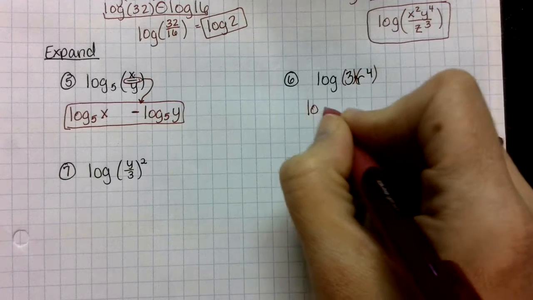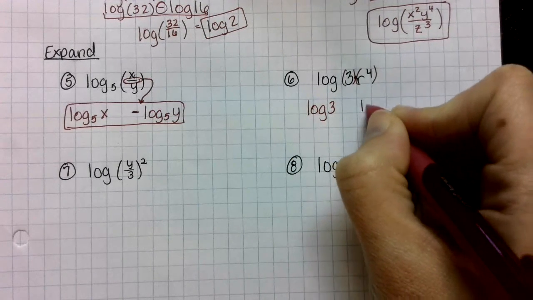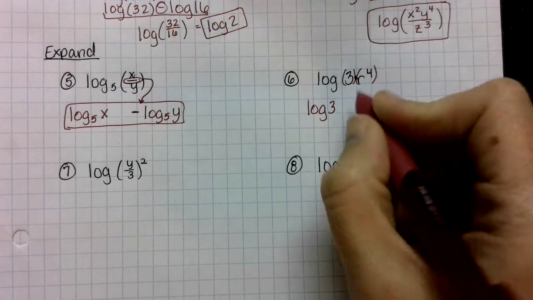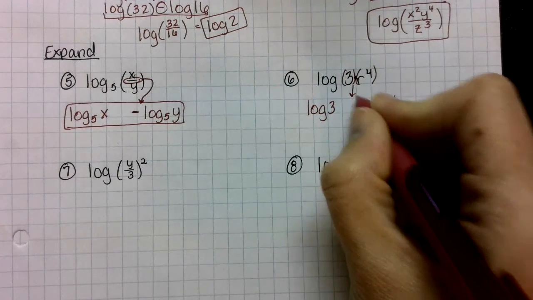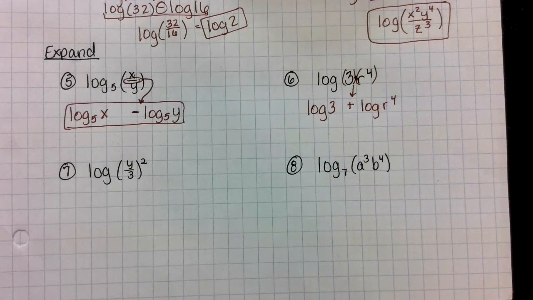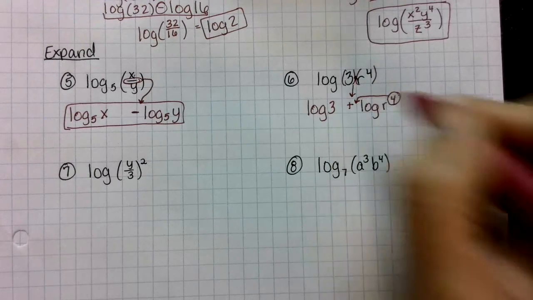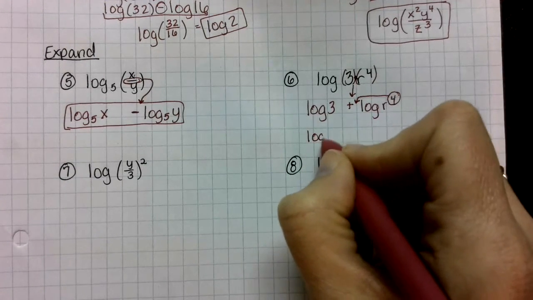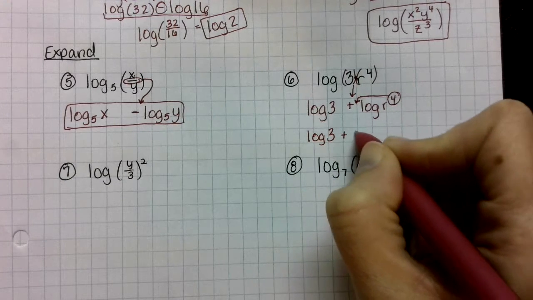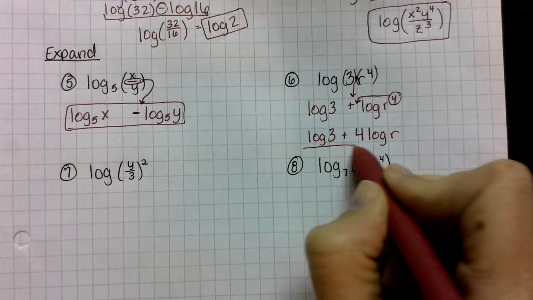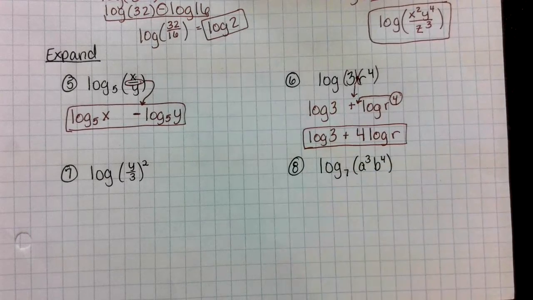So what I'm going to do is split this into log of 3 and log of r to the 4th. Now, these things are being multiplied together, and multiplication turns into addition. So now the only other thing that I need to do is deal with this one exponent, and it just goes to the front of its very own term. It does not go to the front of the whole thing. So I have log of 3 plus 4 log of r.